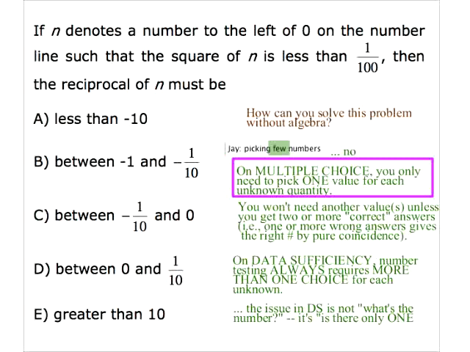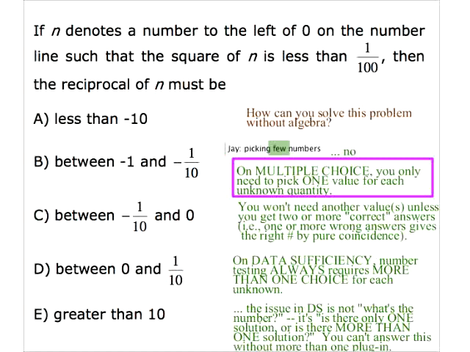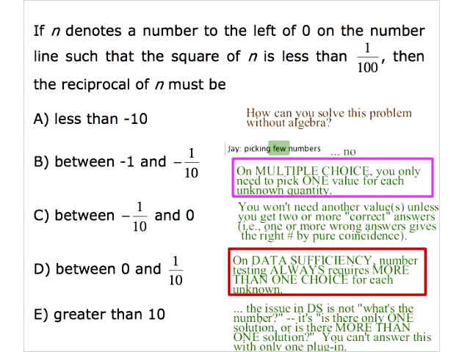It's, is there only one solution, or is there more than one? That's a question you can't answer without multiple plug-ins. So if you only plug in one time, you can't answer that question. This is one distinction that you want to make sure you have in mind.